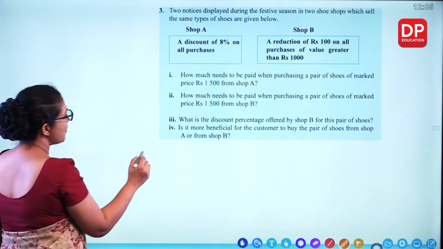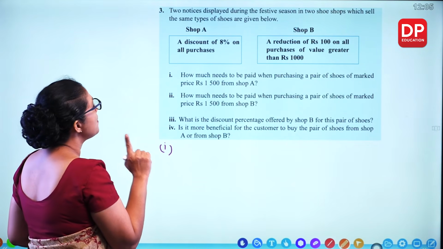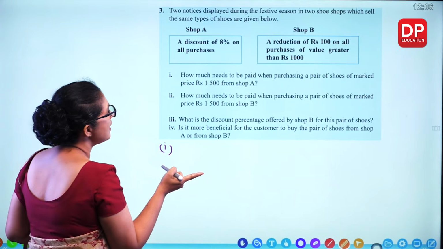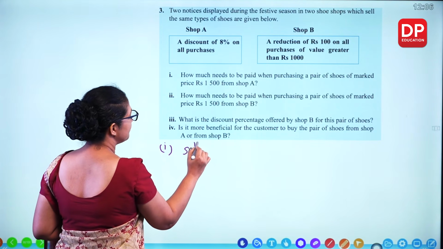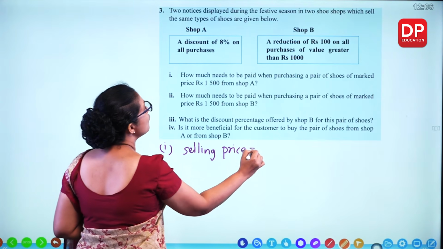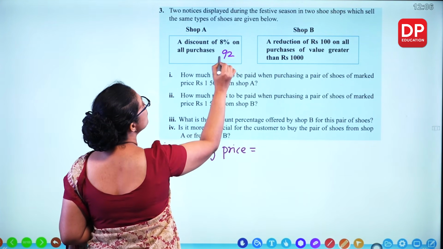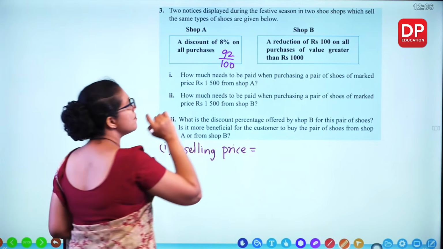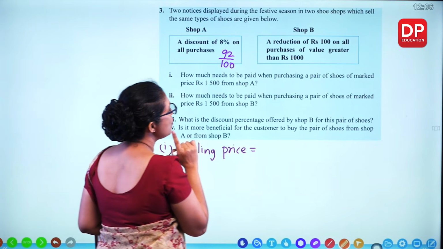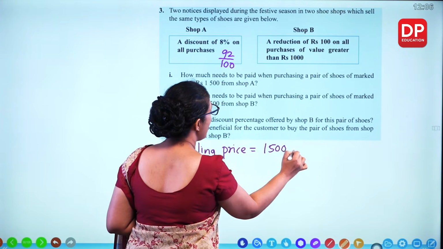So what's the shop A says? 8% discount. So what's the selling price then? We know that 8% means 92 over 100. 100 minus 8. So selling price, straight away you can find out the marked price is 1500.